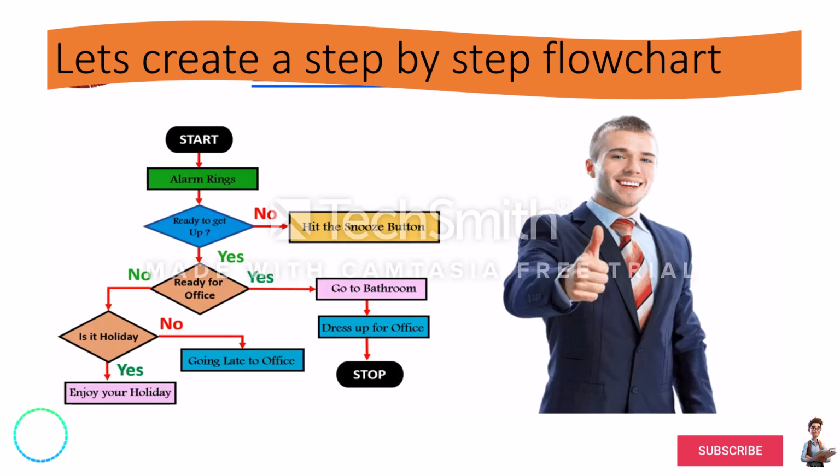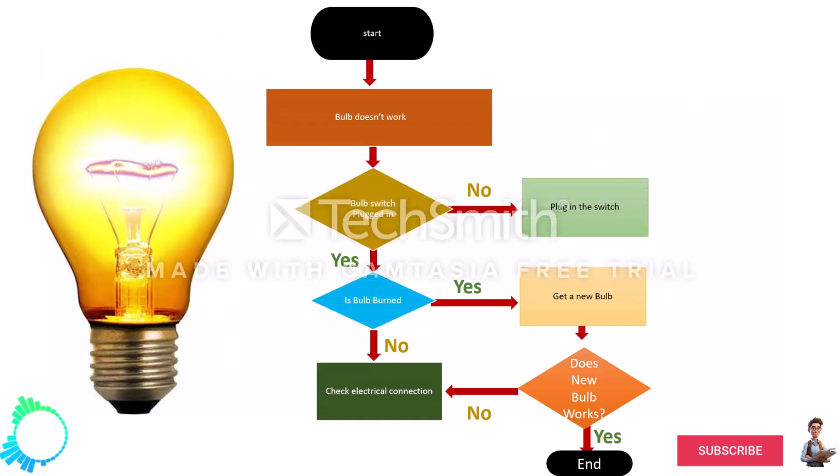Let's stop. This is another example of a flowchart that shows if a bulb is working in our house or not. So we have the start, we go to bulb does not work. If the bulb does not work, there is going to be a decision. Is the bulb switch plugged in? If no, plug in the switch.